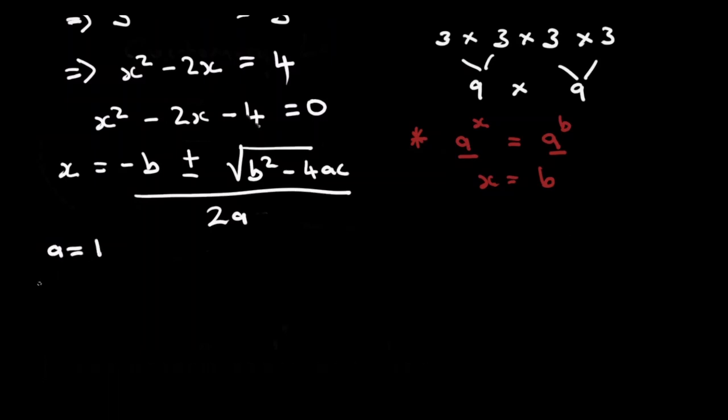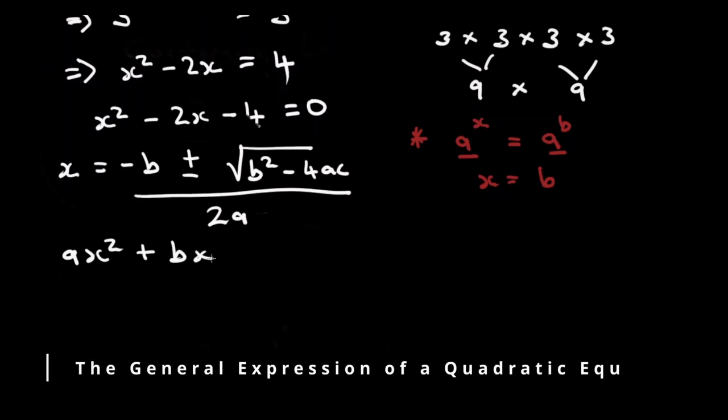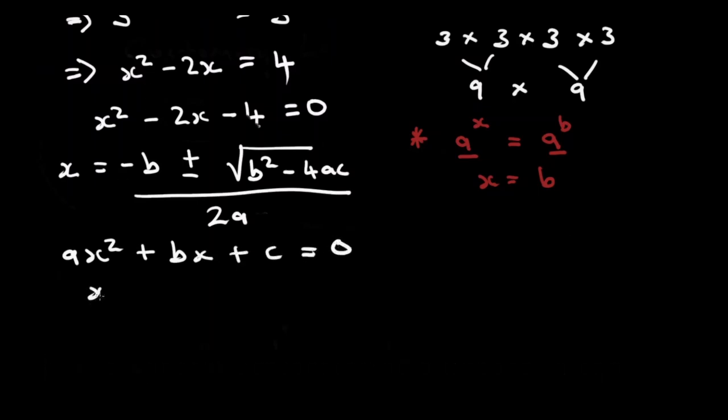Maybe before we indicate what a is equal to, let us put down the generalized expression of a quadratic equation: ax squared plus bx plus c is equal to 0. And our equation here is x squared minus 2x minus 4 is equal to 0.